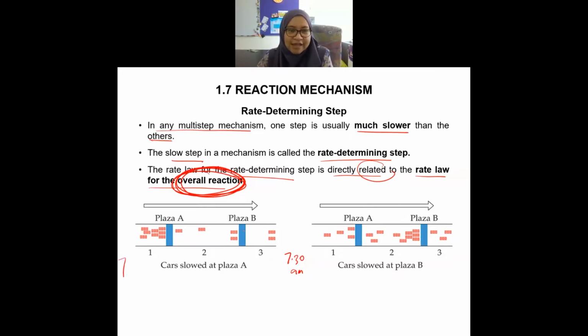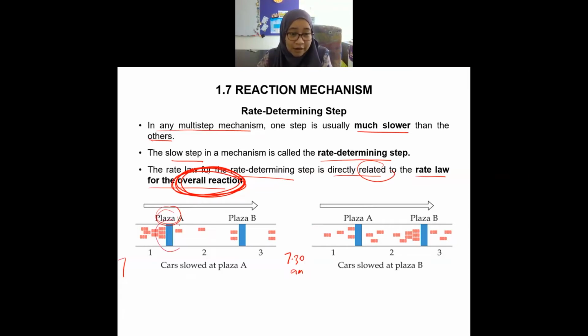Lepas tu you ada masalah macam ni, rate determining step ni. Plaza A adalah untuk case number 1. Okay, case number 1, Plaza A is the rate determining step. Walaupun Plaza B, Plaza C, Plaza D later on, perfect. Okay, flow okay je. Nicely flow. Okay, tak ada masalah jam ke apa.